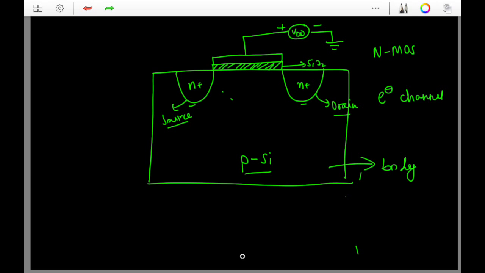When you apply a positive voltage VDD over here, the holes will get repelled by this and will start moving downward, because of the field. Obviously you have a positive field over here.